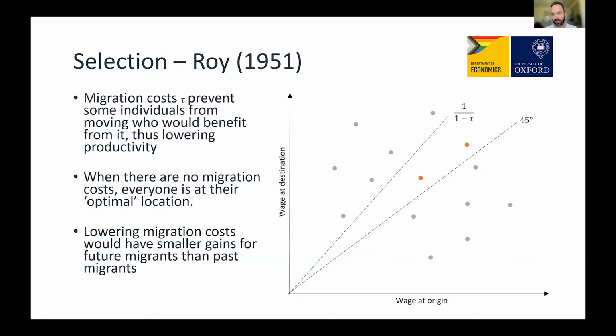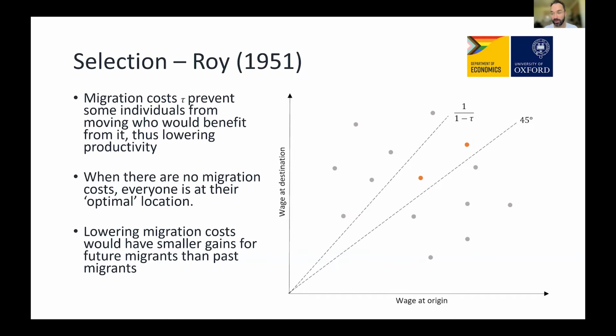There are people, such as the ones that I've plotted here in orange, who would benefit from migrating to a destination, but who cannot go there because they're prevented by some of these costs. And if these costs could be reduced relatively cheaply, then that would unlock additional benefits for future potential migrants and lead to what we would call a more optimal allocation.